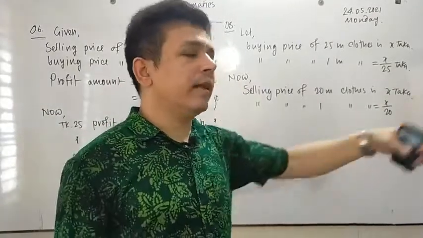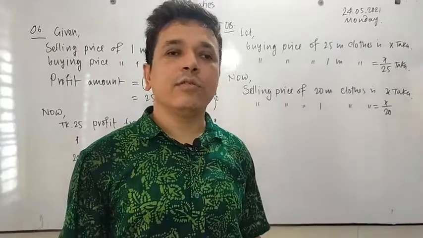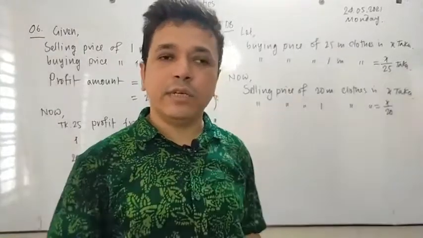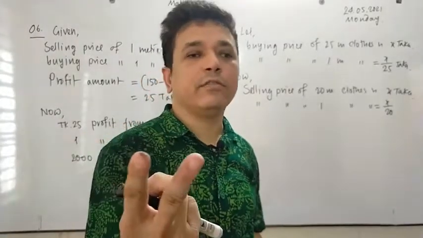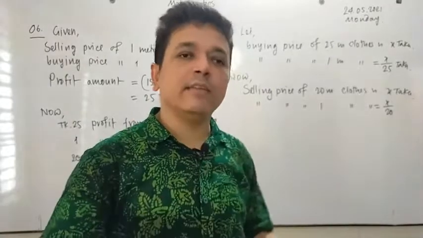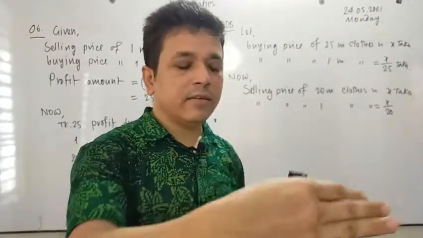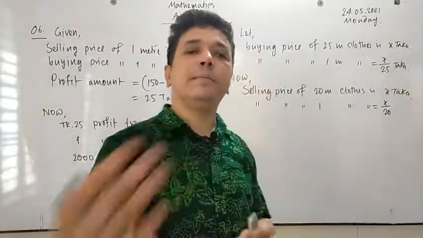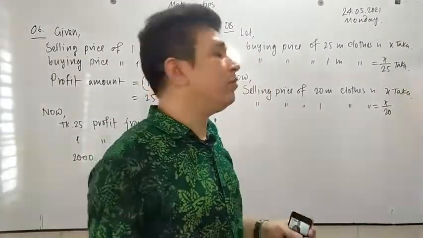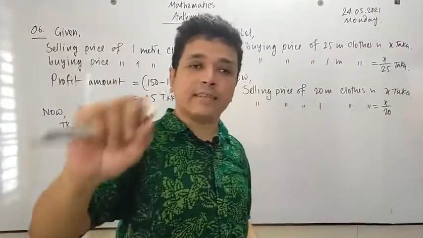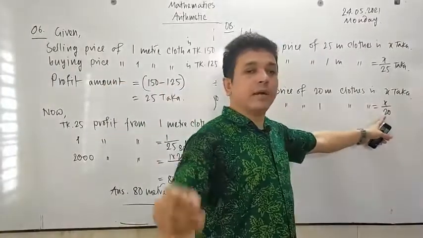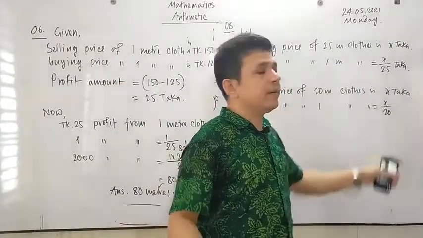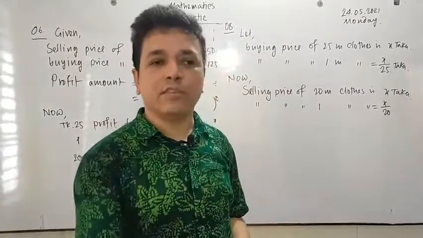If another friend comes to you and you divide 6 mangoes by 3, it will be 2 per person. So if you divide by a big number, the result will be small. If you divide by a small number, the result will be big. This is a very easy concept, and you don't need to find the exact result. Just by understanding which one is bigger, you can say the selling price is bigger, that means it is profit.